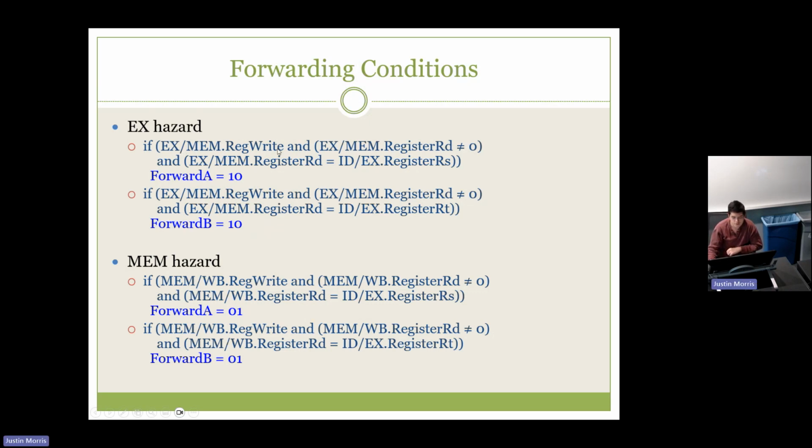If we're going to write and the destination is not 0, and the destination is my first operand, then I need to forward from the execute memory. If it's the second operand, it gets forwarded from execute memory. And then same conditions, just checking the memory write back register instead. Again, for both the first operand and the second operand.